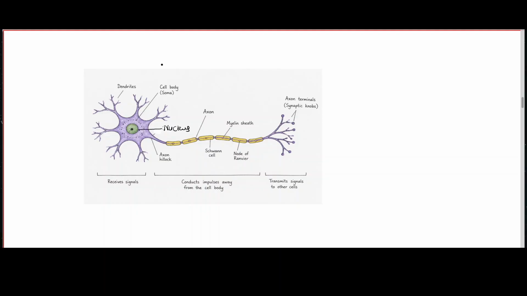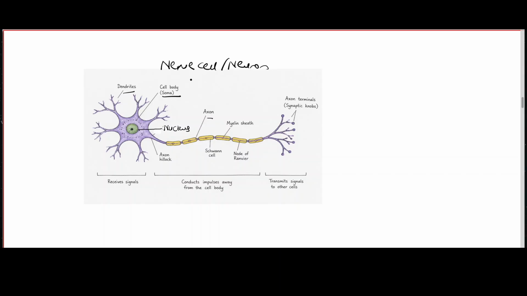Now this is the diagram of a nerve cell, or a neuron, and we say that it is the functional unit of the nervous system. It consists of the cell body, also known as the soma, the dendrites, and an axon.